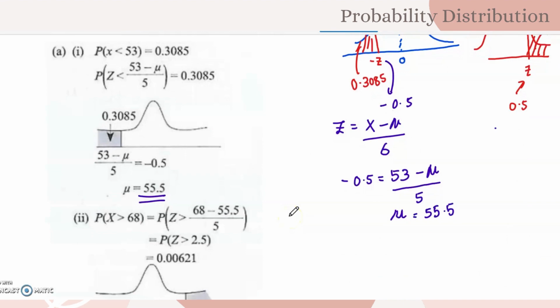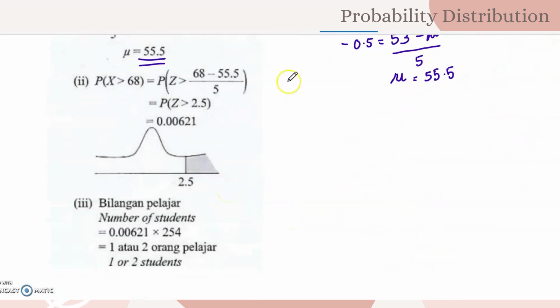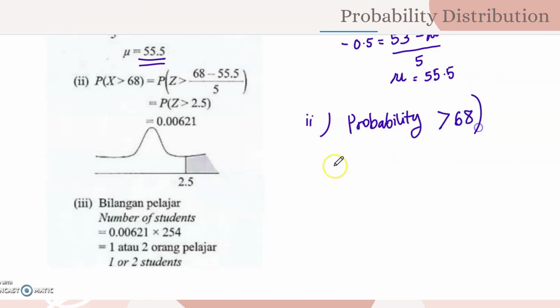254. So maknanya kat sini, bila soalan nombor 2 ni, you kena dapatkan dulu dia punya probability, the probability that have more than 68 marks. And then bila dah dapat probability, you kena multiply with the total number of the students, since we have to find the number of students regarding the value of probability.